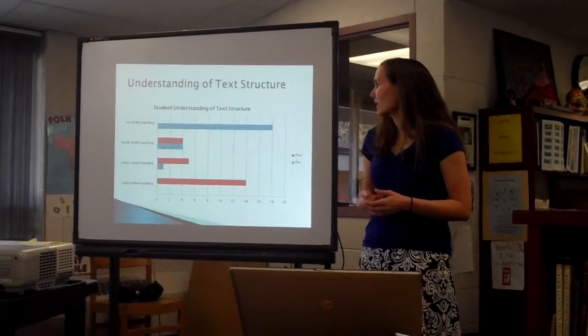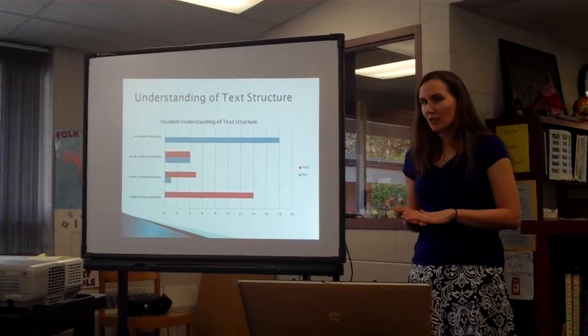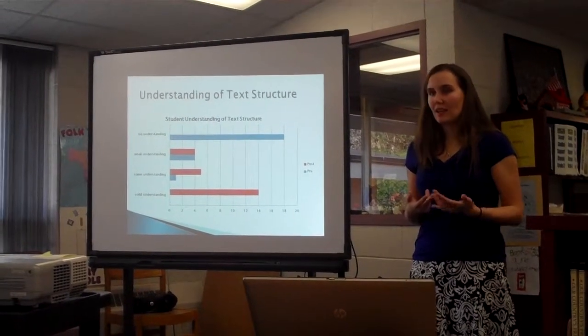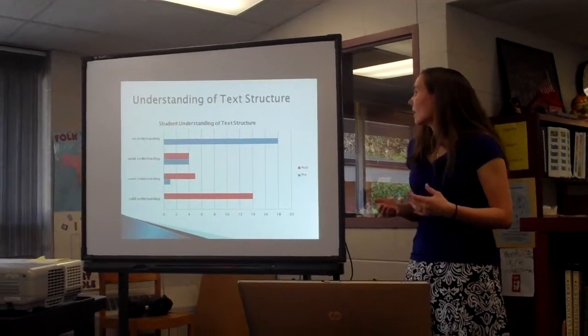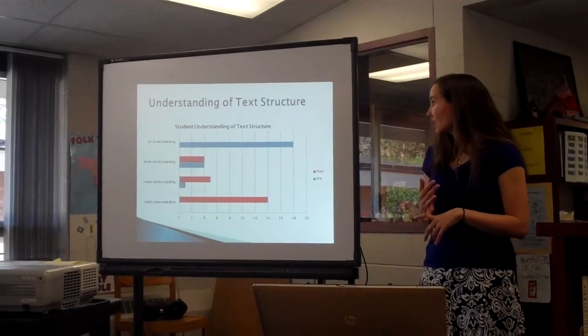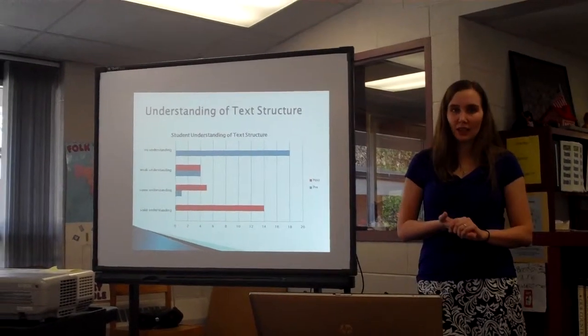And the last 3 questions went into detail, finding out how they understood text structure. What is text structure? How do authors organize text? What are the different structures? From that, I was able to kind of find a trend and decide if students had no understanding, a weak understanding, some understanding, or a solid.